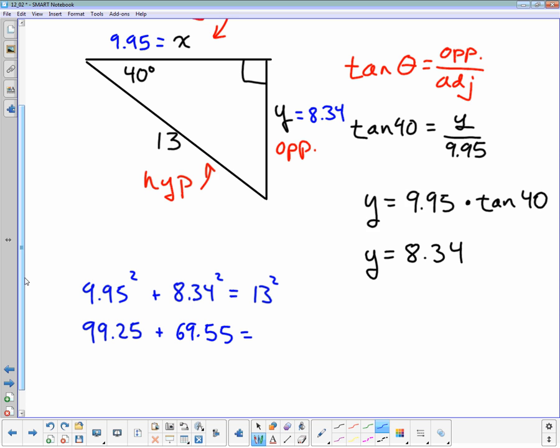And if I add those two numbers up, I should get approximately, what is it, 80.67, 167? 99 point what? 0025?